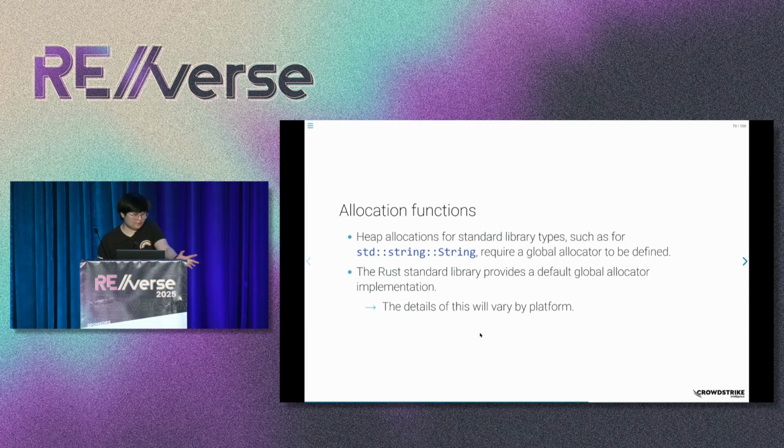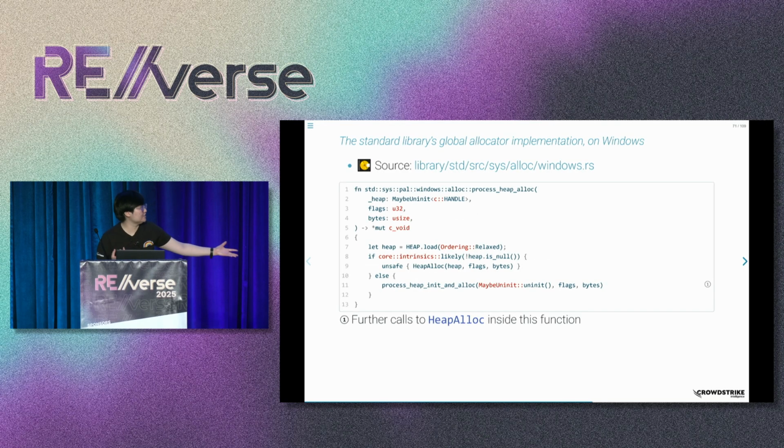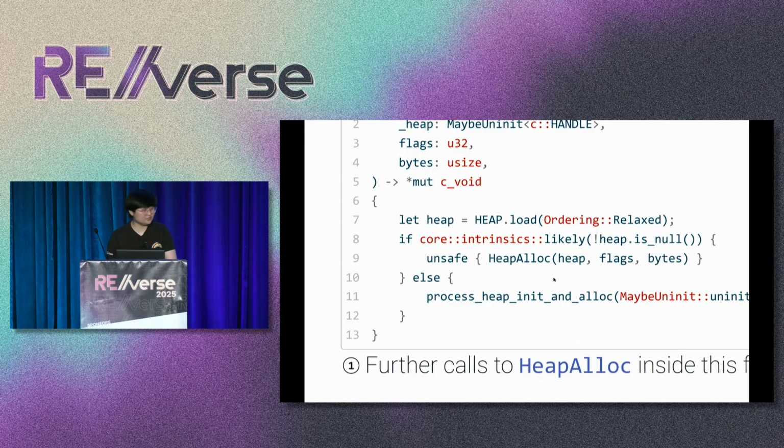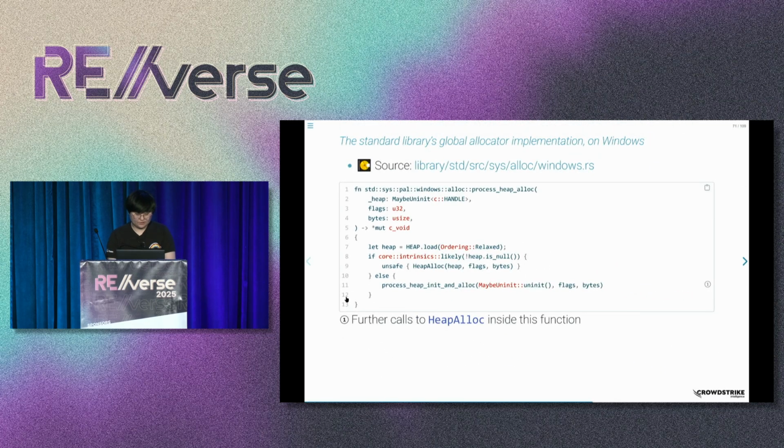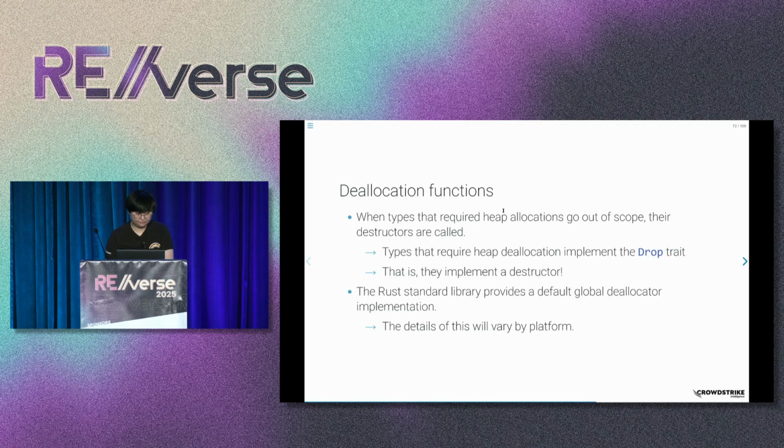The details vary by platform, but for example, here's the standard library's global allocator on Windows. There's a bunch of details here, but in the end, it just calls HeapAlloc, which is your heap allocation function. So every type or every function that requires an allocation will end up just calling into this one place.